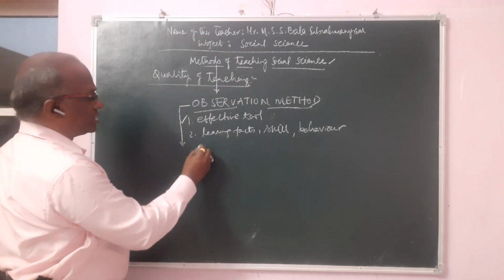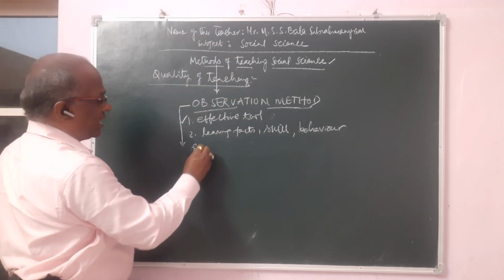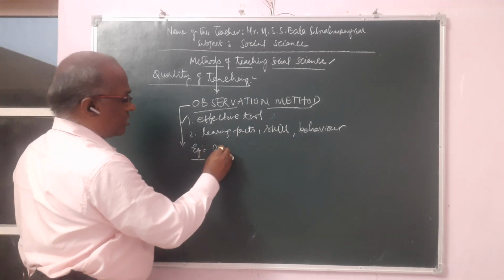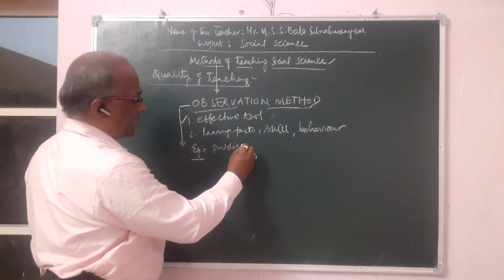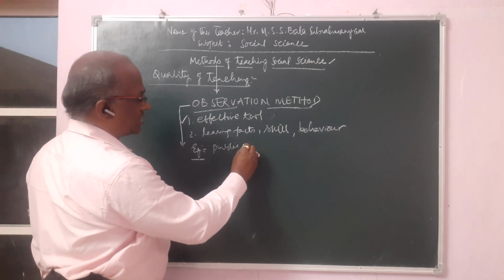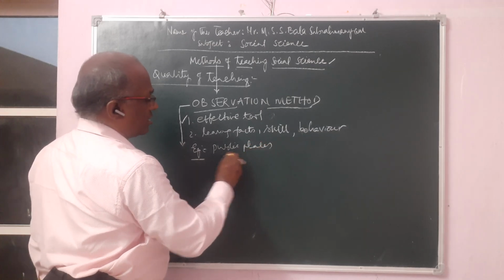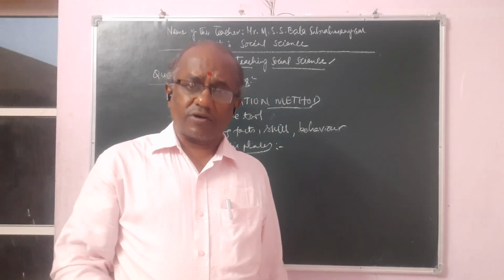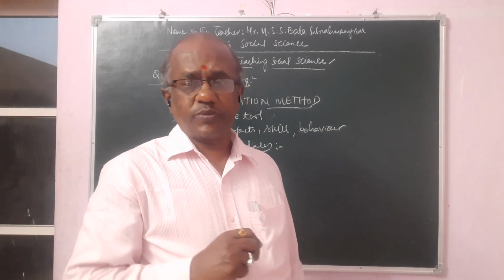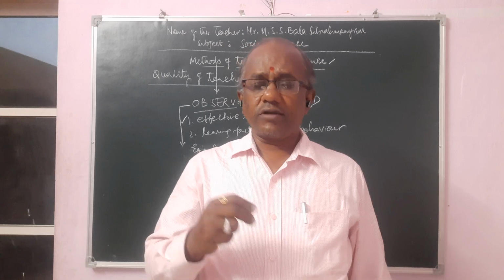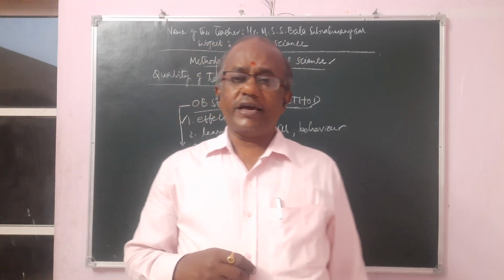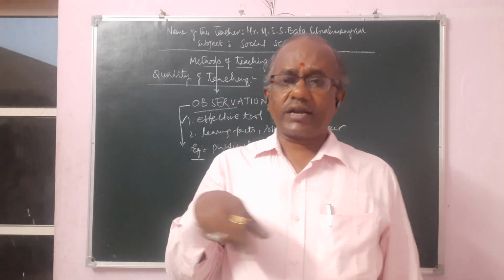Here, for observation purposes, we have to take the children to specific public places. For learning through firsthand experience, we take the children to specific public places in our surroundings, like hospitals, a police station, and a fire station for lower classes.